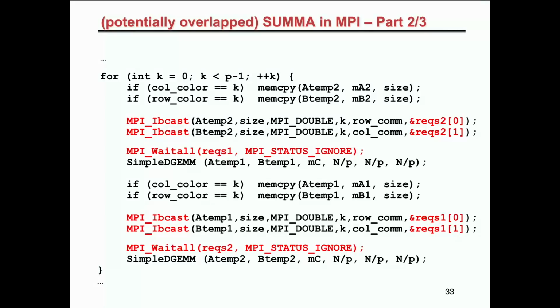But the thing you have to remember is, unless I did it wrong, I issue broadcast here, but I'm waiting for the previous broadcast, not this one. So if this was waiting for the broadcast immediately above, there was no point, right?